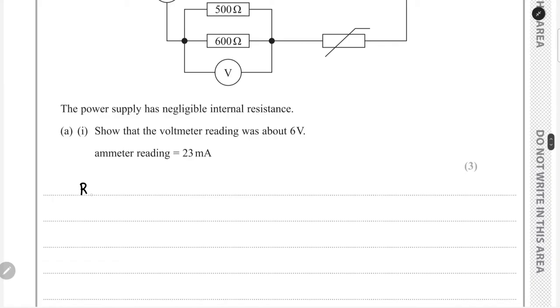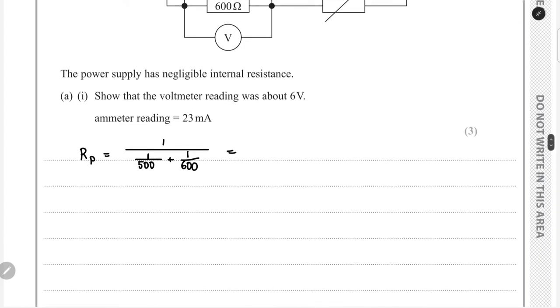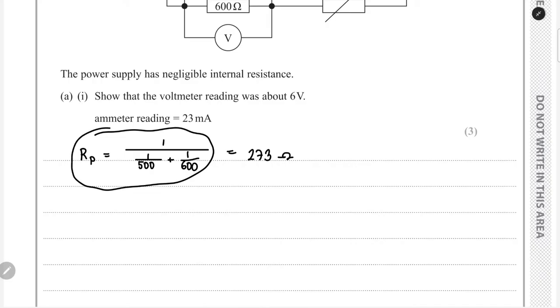The resistance of the parallel combination will be the reciprocal of the sum of reciprocals, or 1 divided by (1/500 plus 1/600). This will come out to be 273 ohms. We always add the resistance of parallel resistors like this: 1 divided by the sum of every resistance's reciprocal.